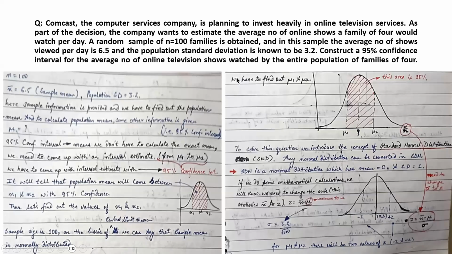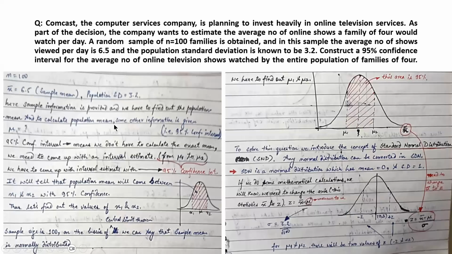There's a difference between the previous questions and this question. N equals 100, the sample size. X bar, the sample mean, is 6.5. Population standard deviation is 3.2. Here sample information is provided, and we have to find the population mean.